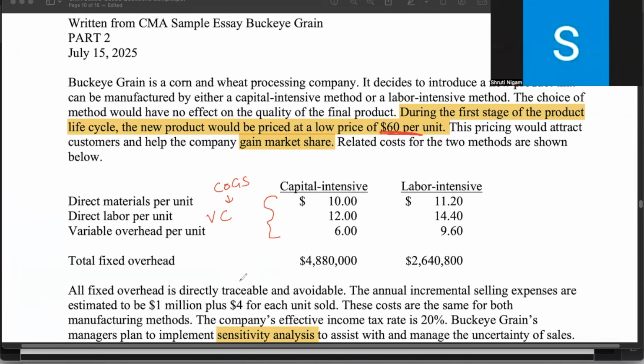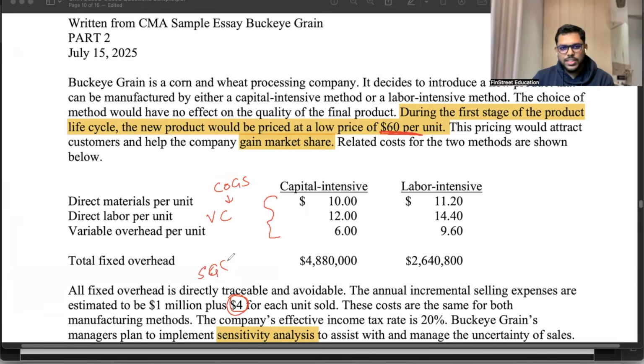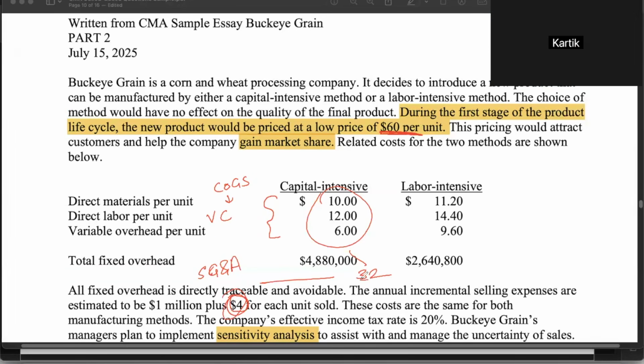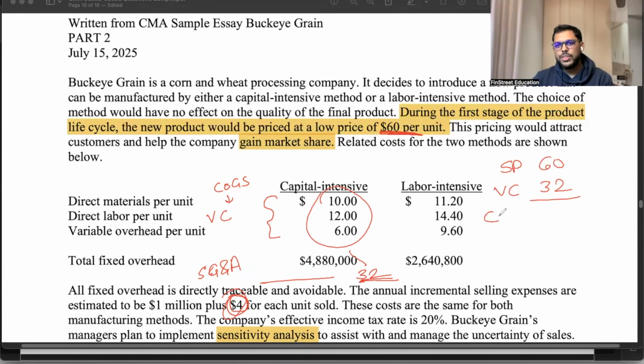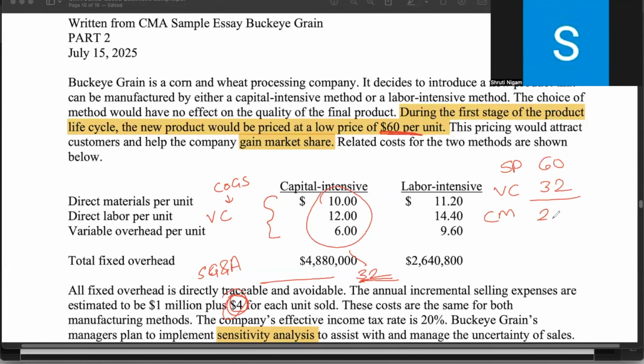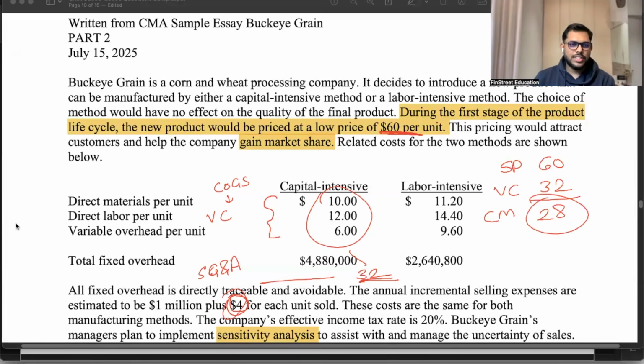What do you think? Yes, sir. Incremental. Correct. 4 per unit. We should take SG&A's VC also. So this will be 4. So can you please add this with 28? What is the total? 32. Correct. So you have your selling price of 60, VC of 32. Guys, what is your CM? 28. 28. Let's use this number now.